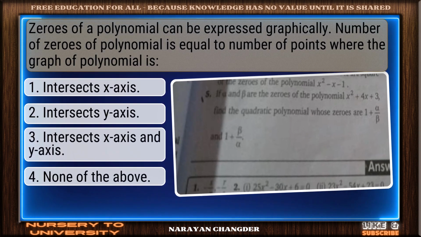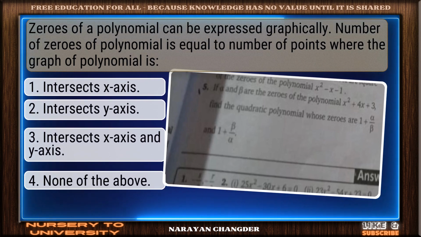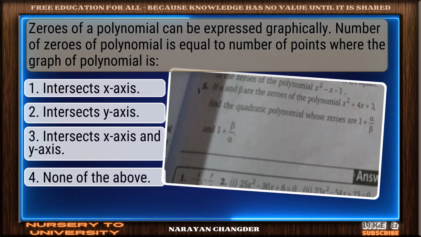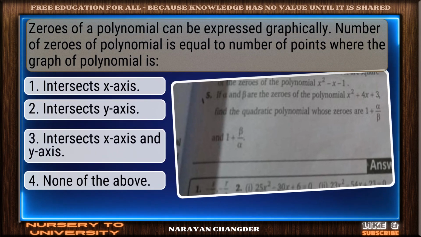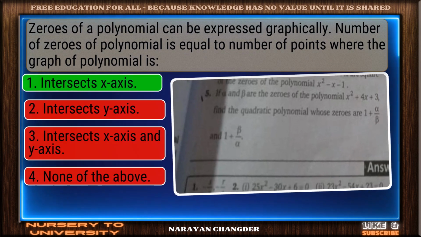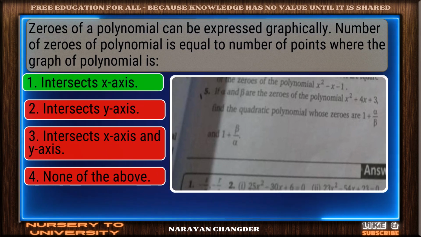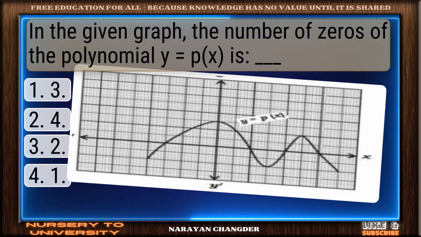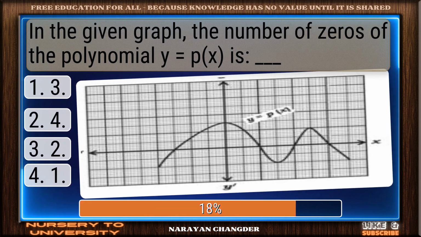Zeros of a polynomial can be expressed graphically. Number of zeros of polynomial is equal to number of points where the graph of polynomial is... Well done. Intersects x-axis is right. In the given graph, the number of zeros of the polynomial y equal to p(x) is dash.